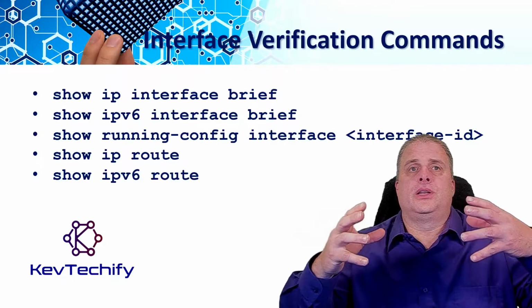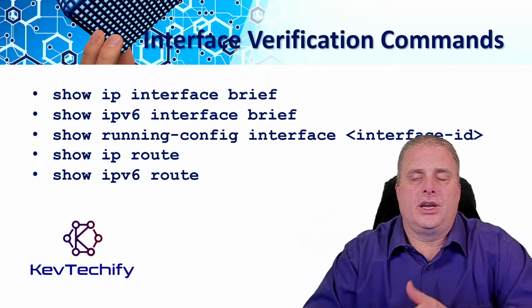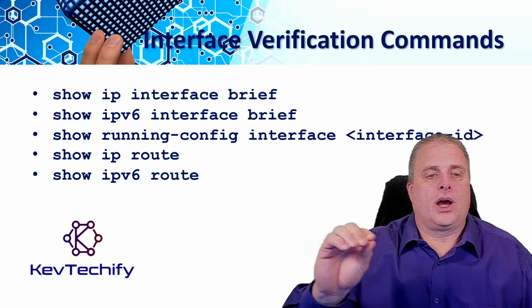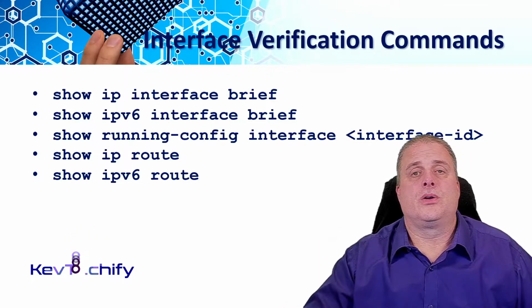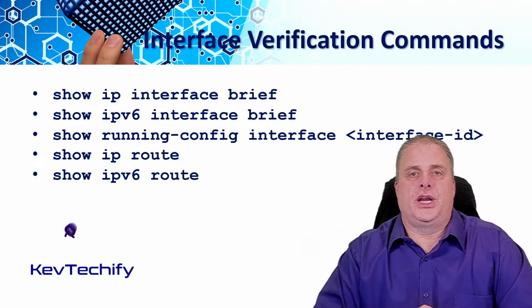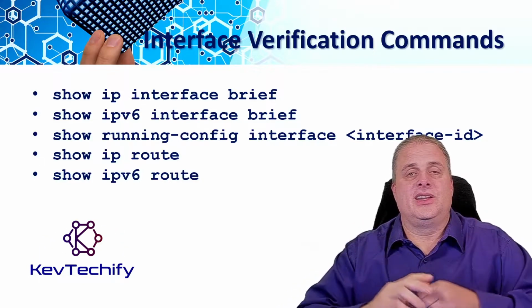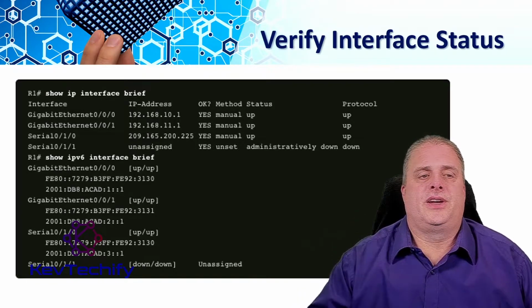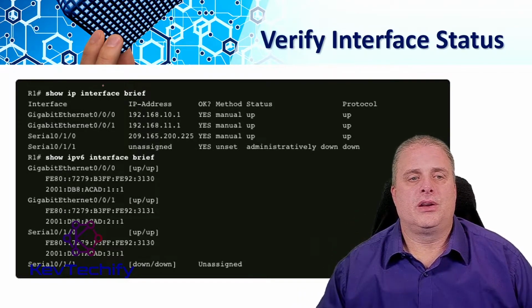That will give you a nice display of all the commands that are set to that interface, and then show IP route, show IPv6 route. That'll give you all the routing information, and in particular you want to look at the C and the L lines.